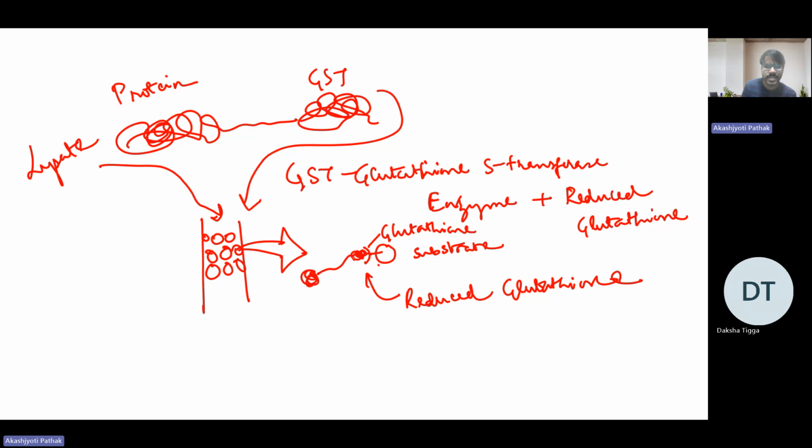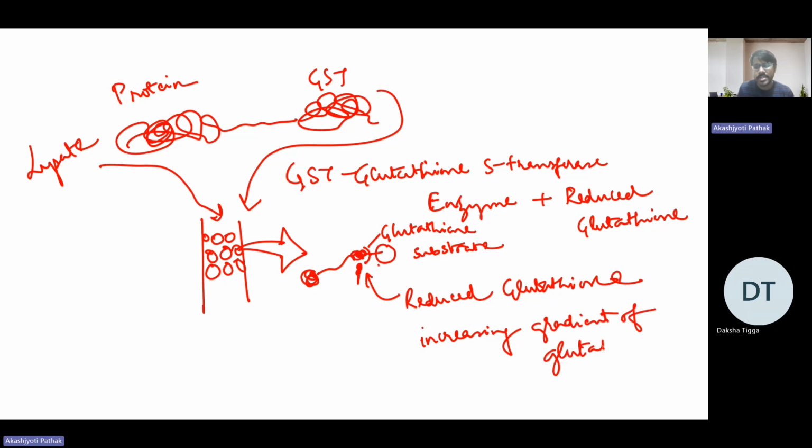This recombinant protein, rather than being bound to the immobilized glutathione, will go and bind to the free glutathione, and it will no longer bind to your immobilized glutathione. So you need to add an increasing gradient of glutathione to your column.